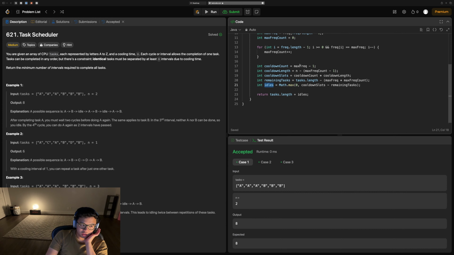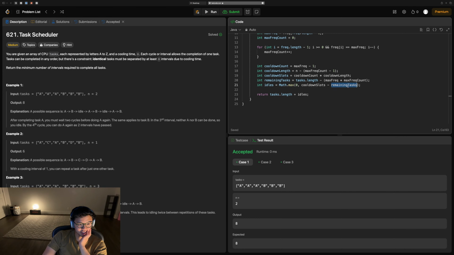We calculate the number of times we need to cool down, the length of time we need to cool down for, and the total amount of cooldown slots that we have. Then we calculate the remaining tasks. If you take the cooldown slots and subtract the remaining tasks, you will get the remaining cooldown slots.